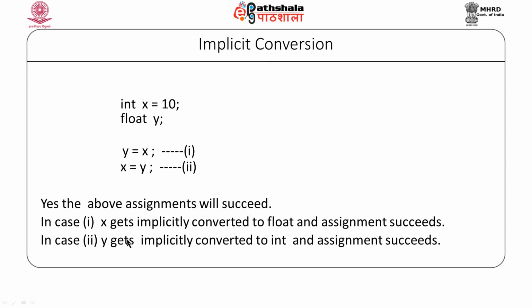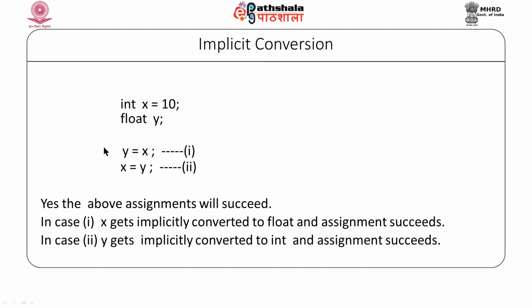So, a similar thing happens in case of the assignment also. The first will work because x gets implicitly converted to float and then assignment of float to float will happen. In case 2, y gets implicitly converted to int and then the integer value is assigned to x. So, you will note here that assignment also happens with similar operands only.